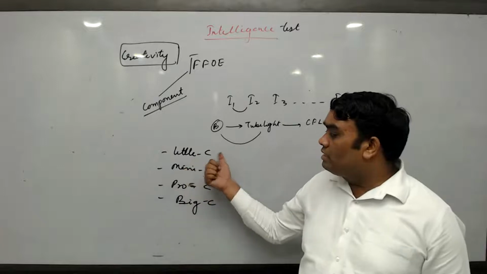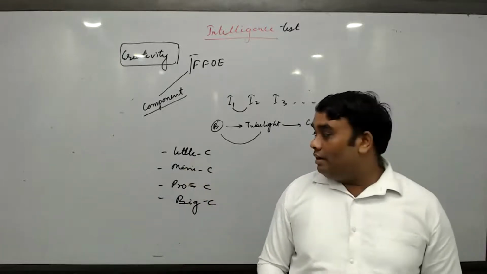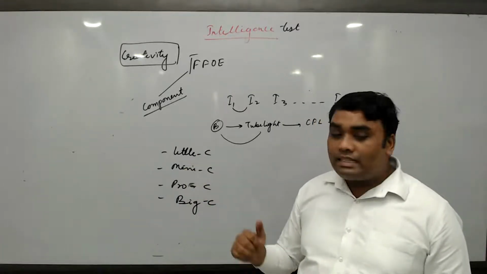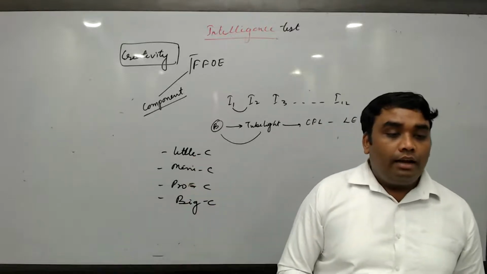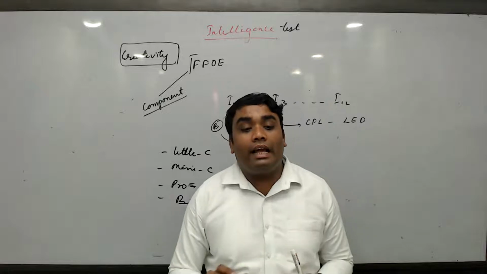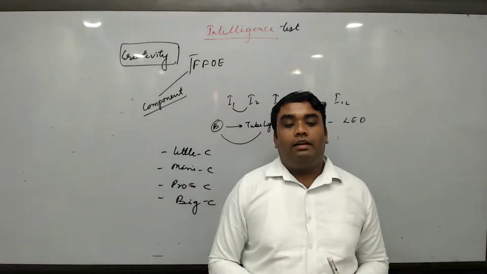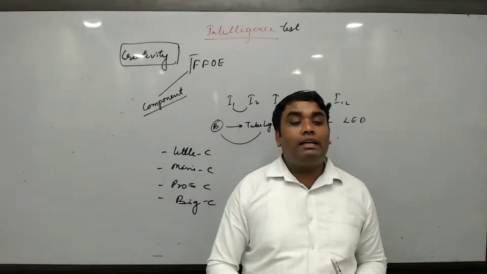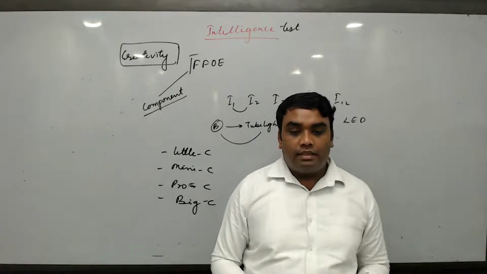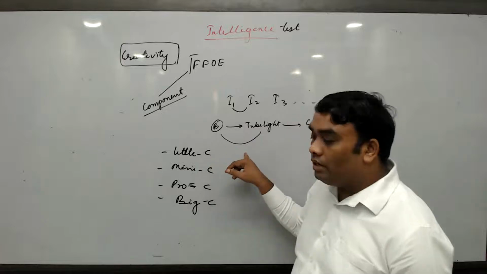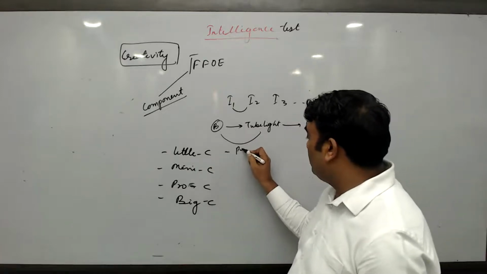Little c is related to personal, and mini c is related to daily life. Like one day you are going by car, one day you are going by other means.